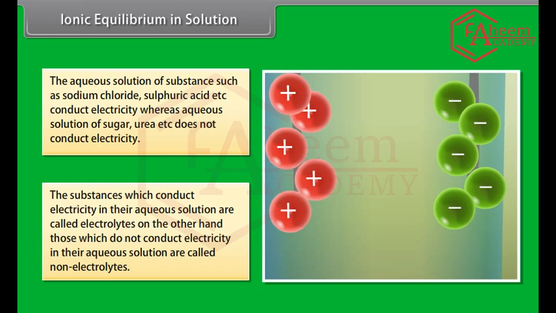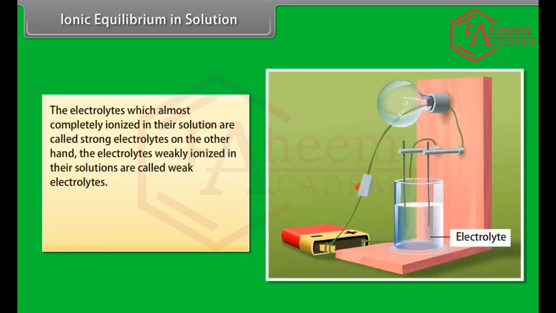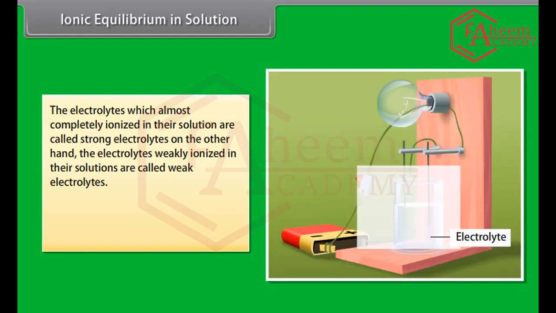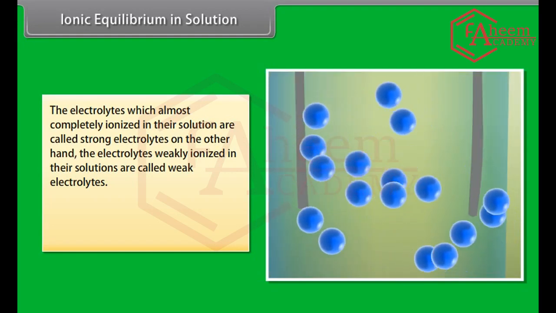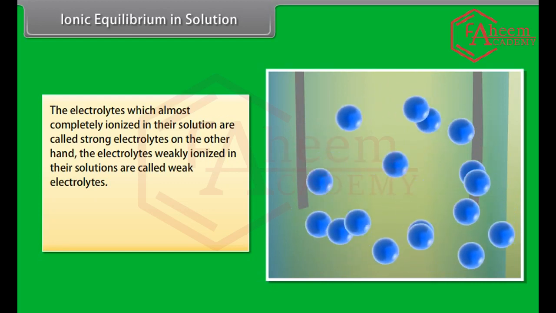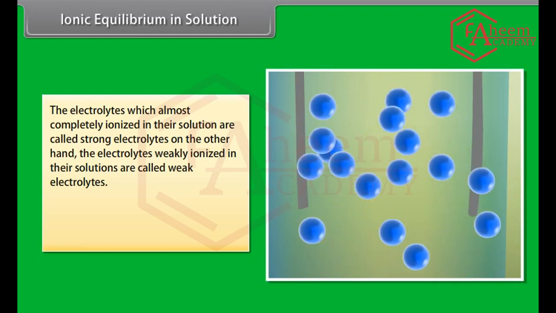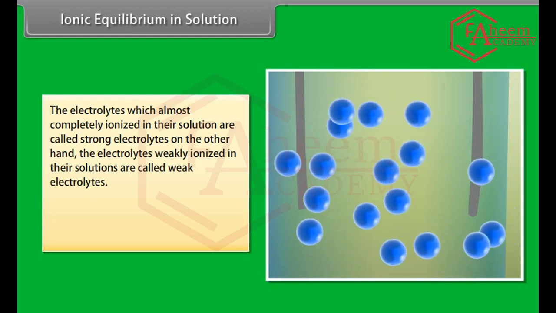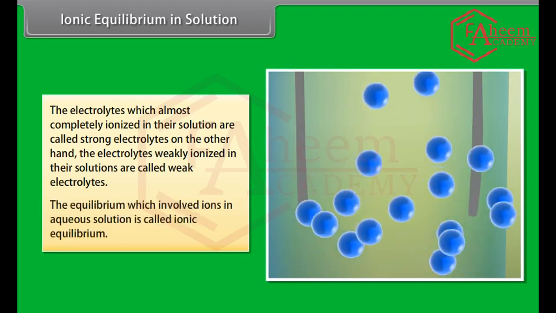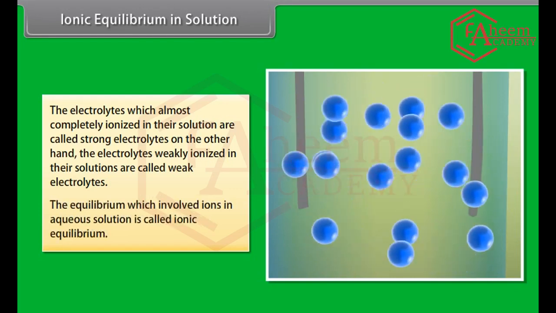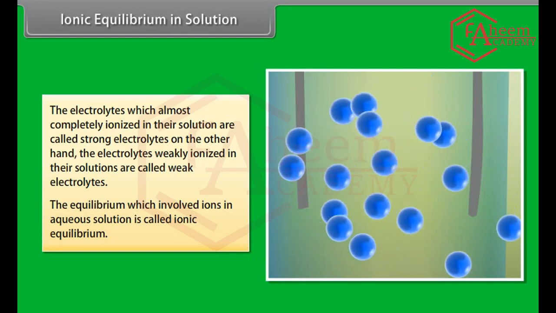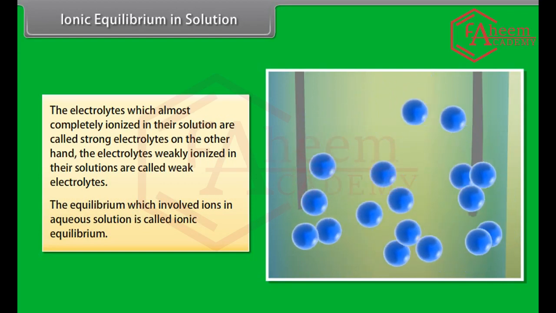On the other hand, those which do not conduct electricity in their aqueous solution are called non-electrolytes. The electrolytes which almost completely ionize in their solution are called strong electrolytes. On the other hand, the electrolytes weakly ionized in their solutions are called weak electrolytes. The equilibrium which involves ions in aqueous solution is called ionic equilibrium.